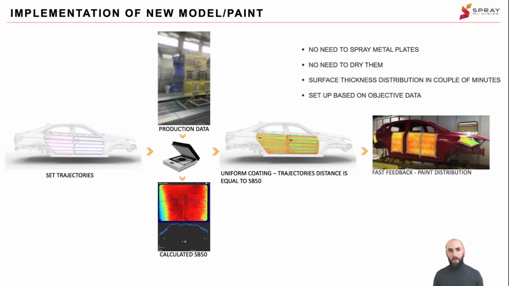The normal procedure is to use your existing trajectory, evaluate your current setting for the SB50, and then using our software, you can very easily and very quickly adjust your SB50 setting or the setting of the applicator to reach SB50 metrics that correspond better with your existing trajectory. In that way, you can increase your transfer efficiency very significantly. It means you can save quite a lot of paint in your existing process.